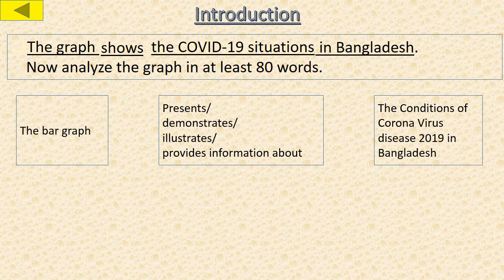And in the graph, we have found a period from April 2020 to August 2020. So we must mention this in the introduction. So we can write the introduction in this way.